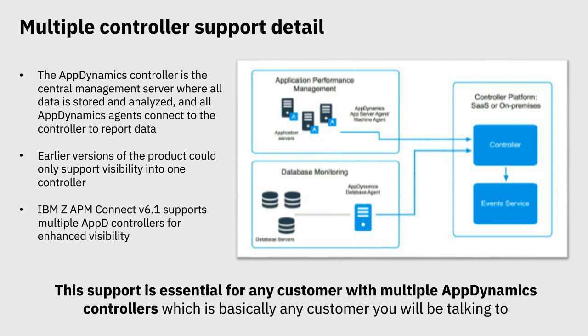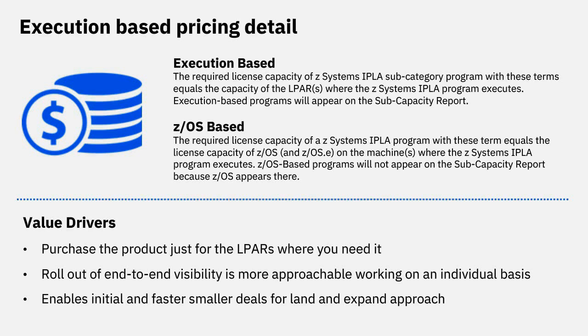We also moved to execution-based pricing. And if you're unfamiliar with mainframe, this is going to get a bit complicated. But the way the product was previously priced was based on the size of a customer's z/OS deployment. But we found that a number of our customers wanted to ramp up with the product as quickly as possible on some key applications. So we made the choice to move to execution-based pricing, which means that you can buy the product just for the LPARs where it might be running.